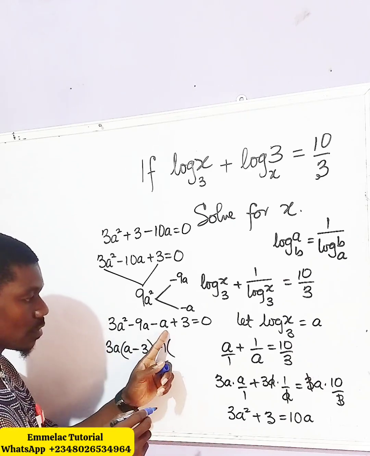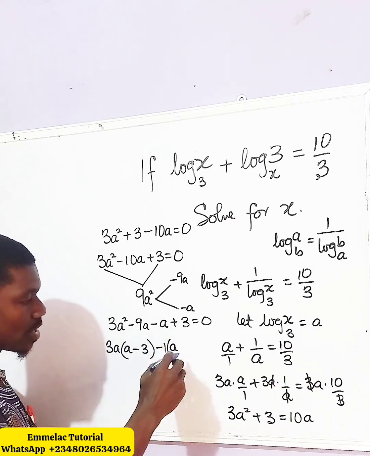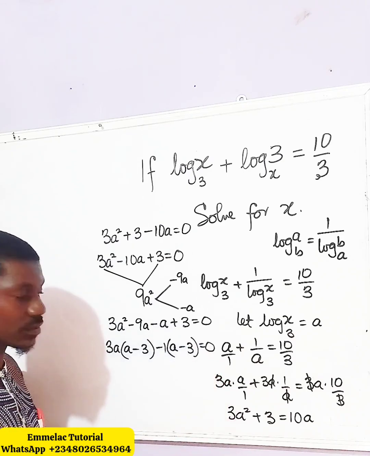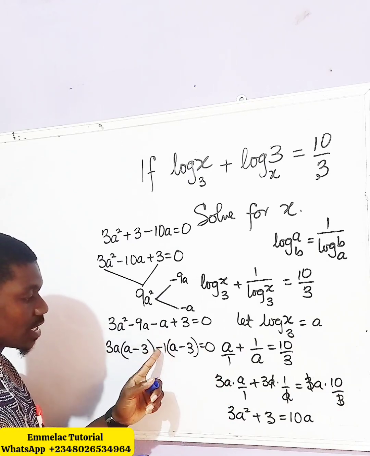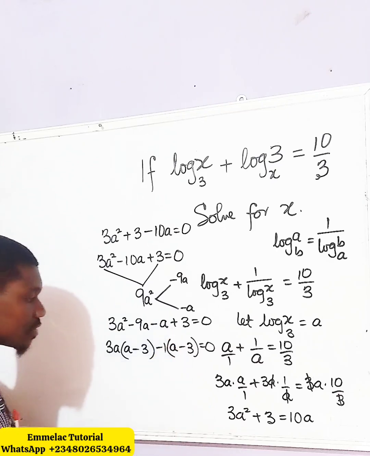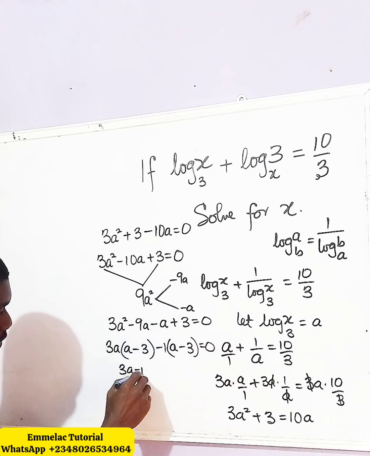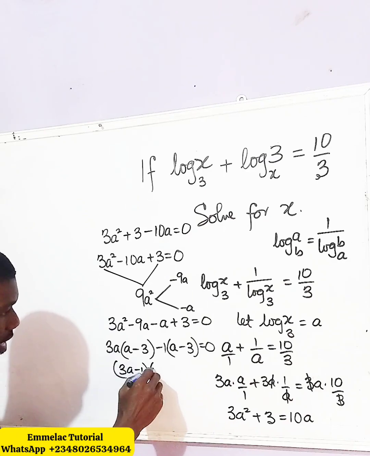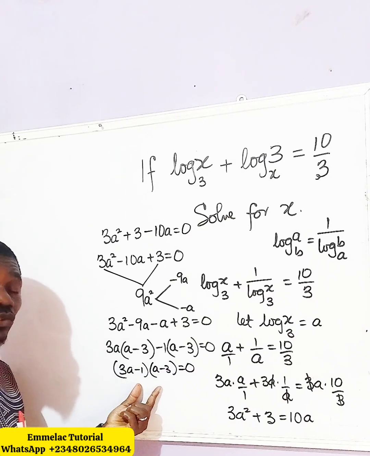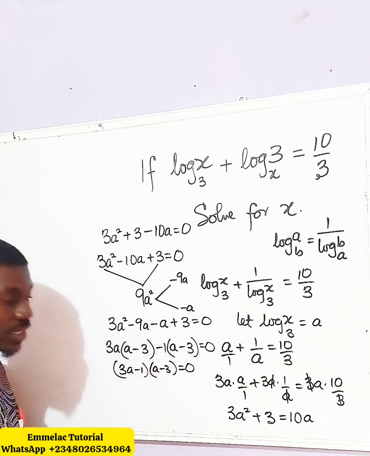So here you have a minus 3 equals 0, because the negative sign affects the positive sign so that we have a negative sign. So we can now see that 3a minus 1 and a minus 3 equals 0. These are the two factors that will help us solve this quadratic equation.